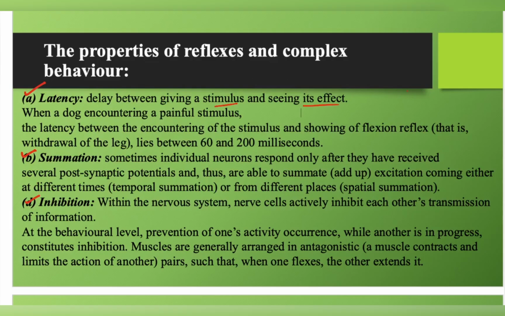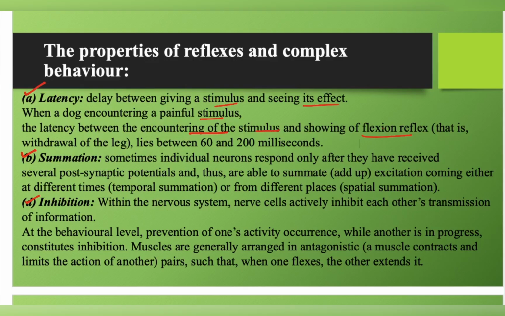For example, when a dog encounters a painful stimulus, the latency between encountering the stimulus and showing a flexion reflex, which is the withdrawal of the leg from that. This can be seen in an example with humans also. If you touch a hot pot, you will move your hand away from that particular pot, isn't it?